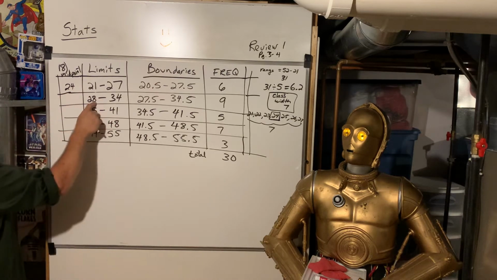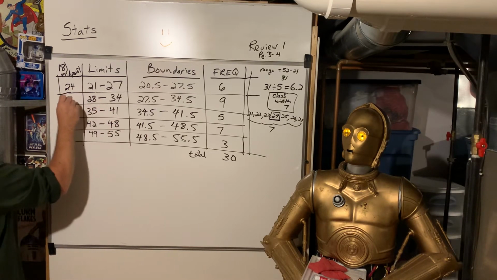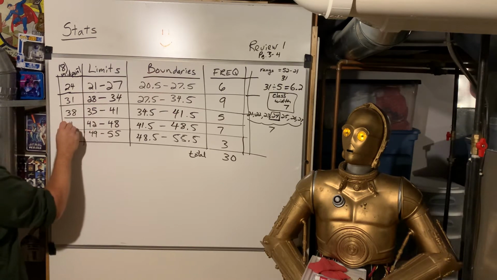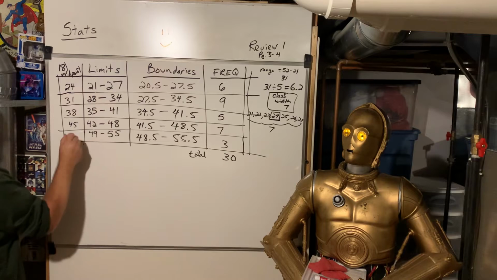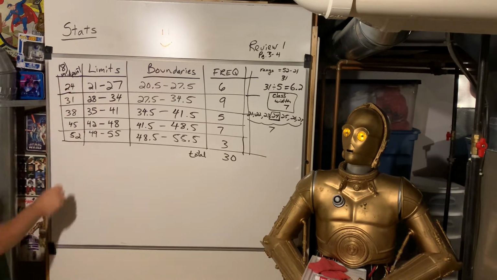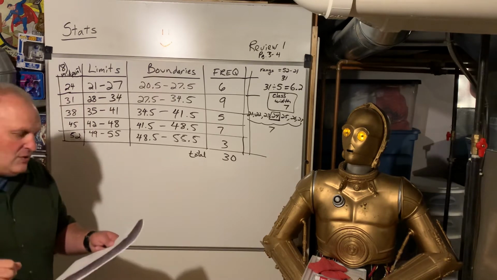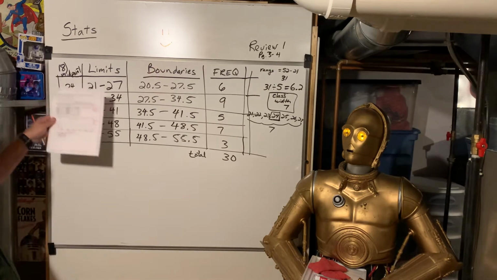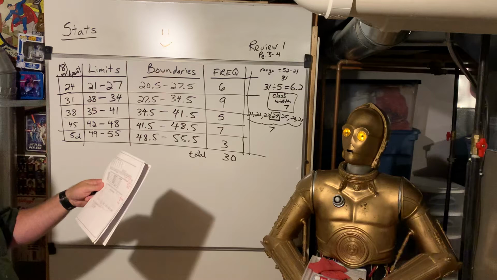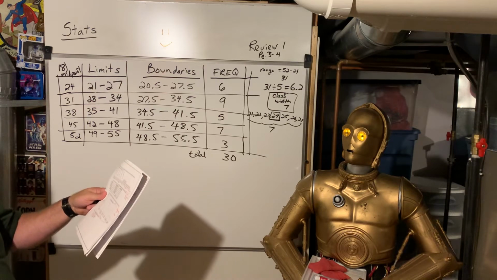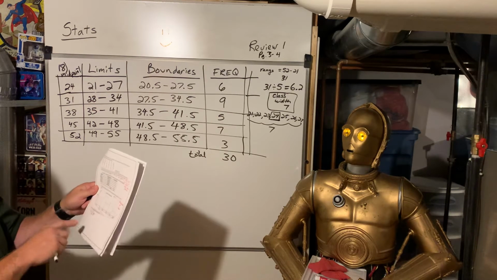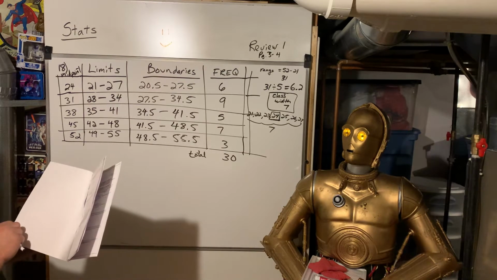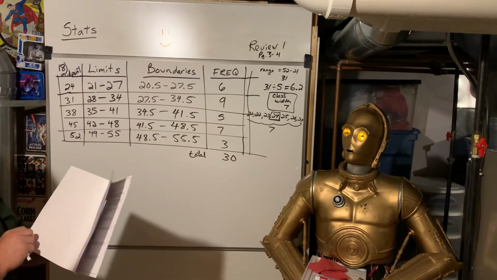So if I just add 3 to that, I get 31, add 3 to that, I get 38, add 3 to that, I get 45, add 3 to that, I get 52. And those are all the midpoints. We don't need that for the actual frequency table, and we don't need it for the frequency histogram that's going to be next, or the stem and leaf. But we need the midpoints to do a frequency polygon. Okay?